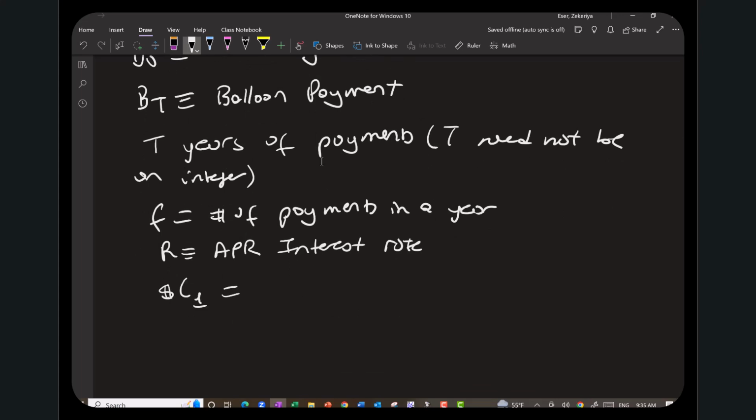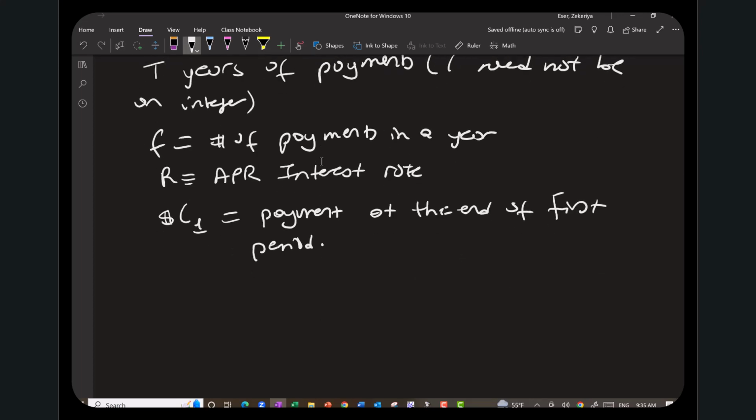C1 is the payment at the end of the first period, and in general C_i.